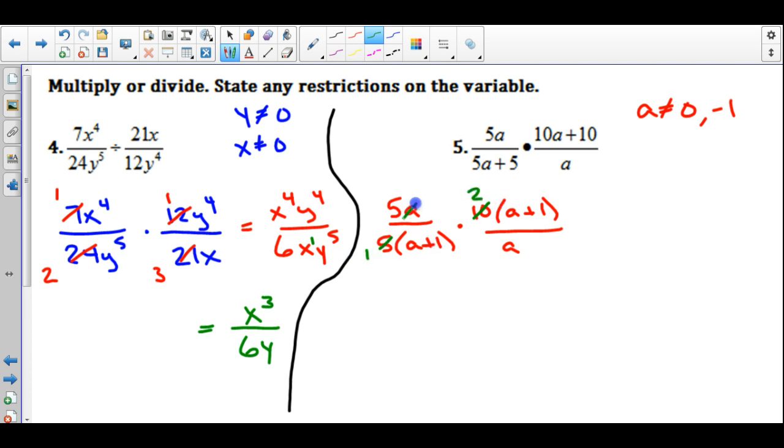I know that this a is going to cancel with this a, and I know that this a plus 1 will cancel with this a plus 1. So on my numerator, I really just have 10, and on my denominator, I have a 1. So 10 over 1 is 10. So final answer is 10, but remember, we do have those restrictions right away. So even though everything found a way to cancel out, we still have the two restrictions.